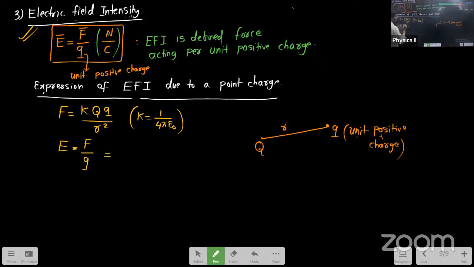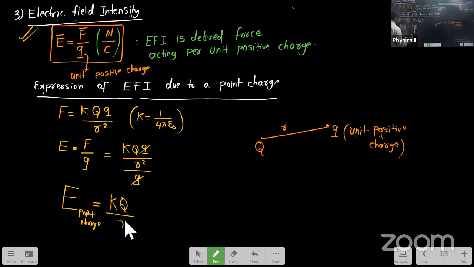So what is the value of F we got? K Q q divided by r squared, divided by q. This q represents unit positive charge. So this q and this q will get cancelled. Finally, I can write electric field intensity due to a point charge as K Q divided by r squared.